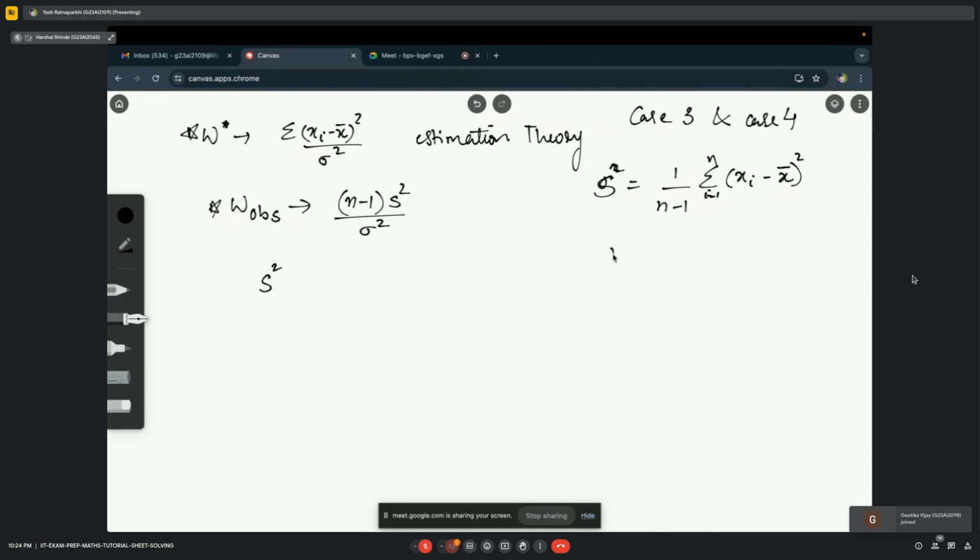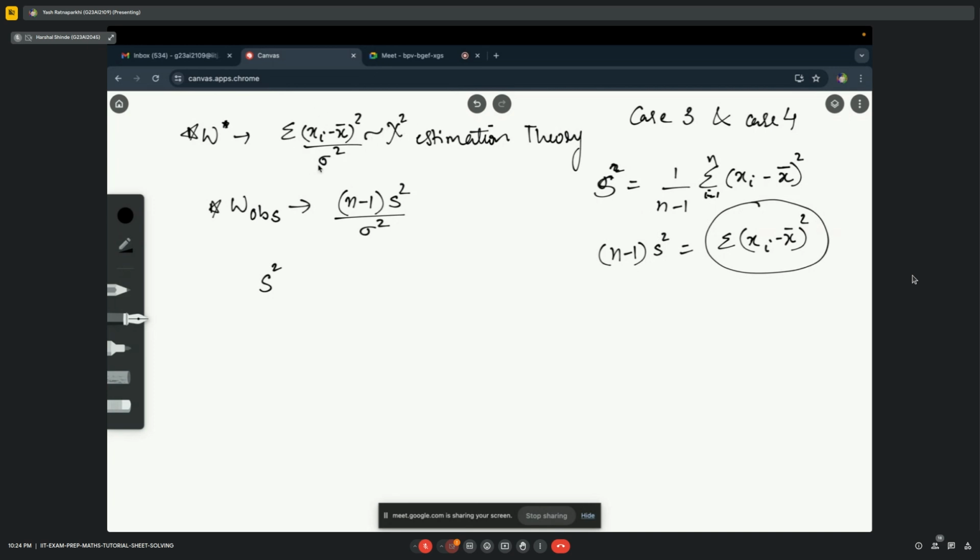What if I do n minus 1 times s square is equal to summation of xi minus x bar whole square? Is it right? Yes, I just multiplied this here. Now, this xi minus x bar whole square, can I borrow it from here?